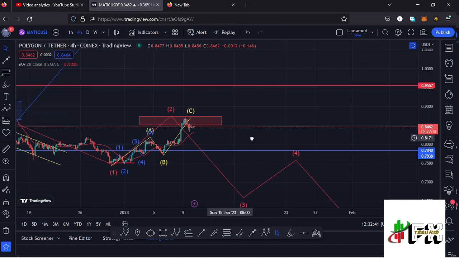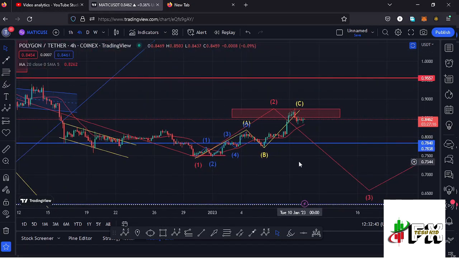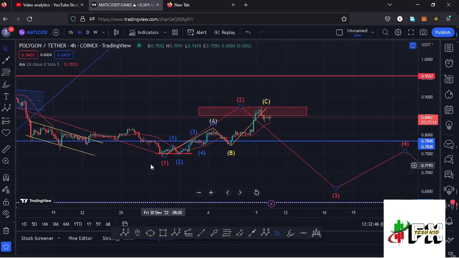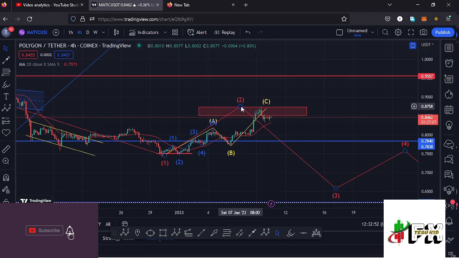And within the formation of that wave 2, we also expected to see an ABC corrective structure, which we are seeing right here, having this as the wave A, then a wave B, then a wave C, fully maximizing that target area in the formation of that second wave.